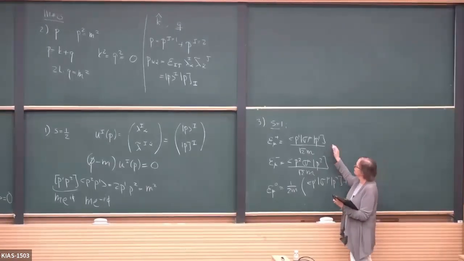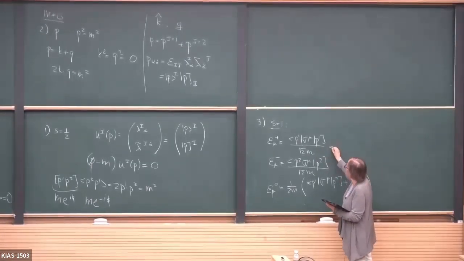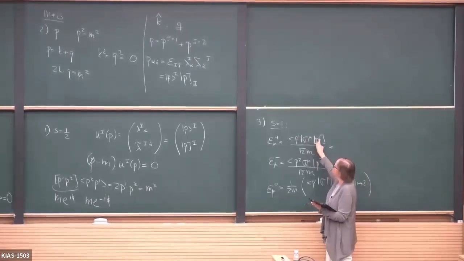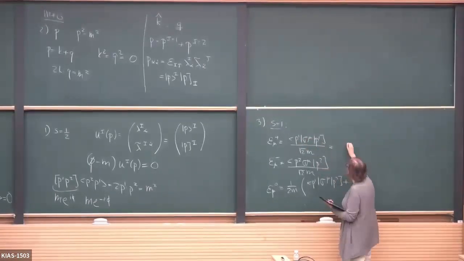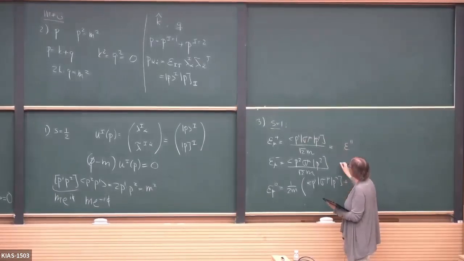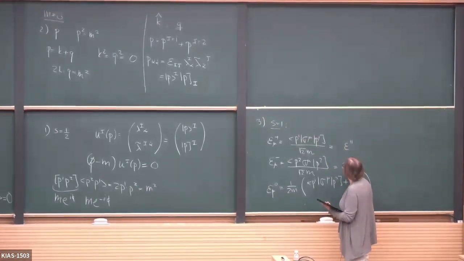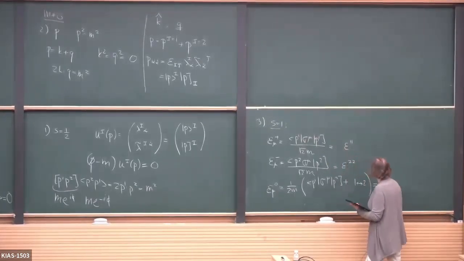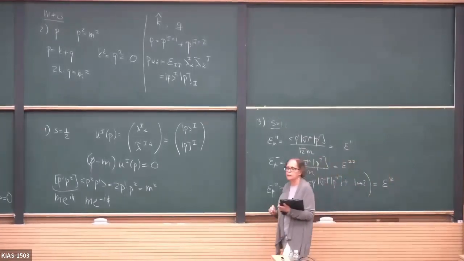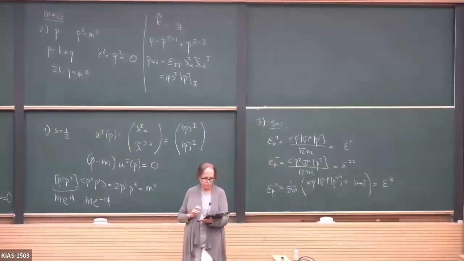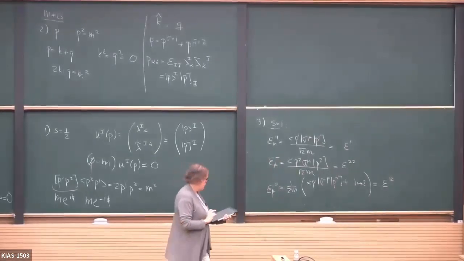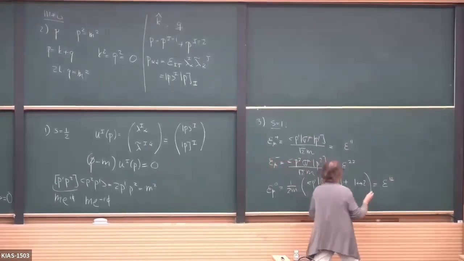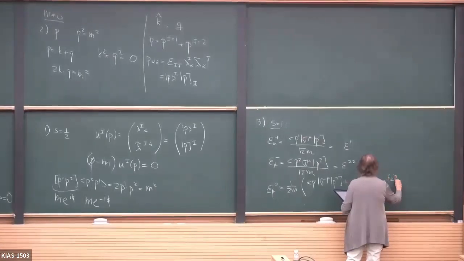So because here I have the index 1 appearing twice, I can also write this as epsilon 1, 1. This guy is epsilon 2, 2. And this guy is epsilon 1, 2. But the 1 and 2 are symmetrized. So let's indicate that explicitly.